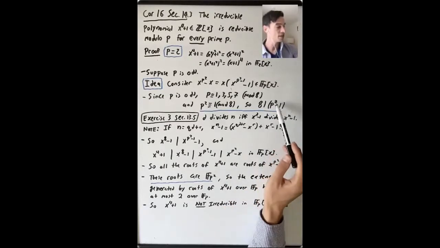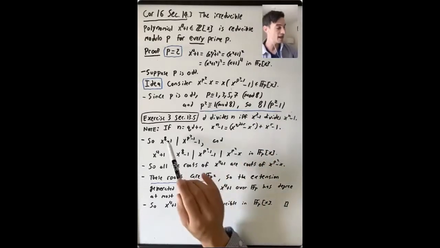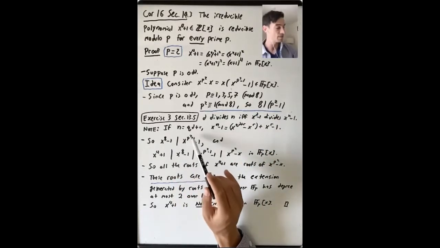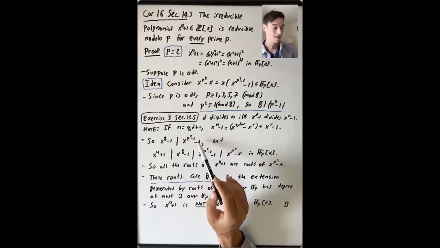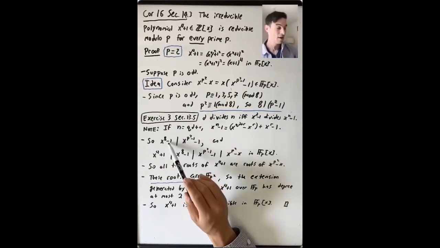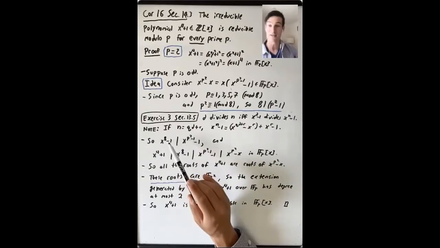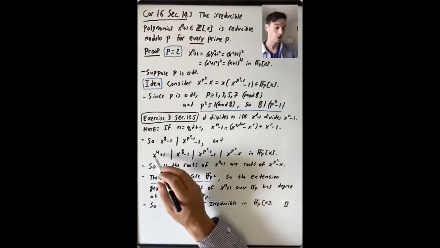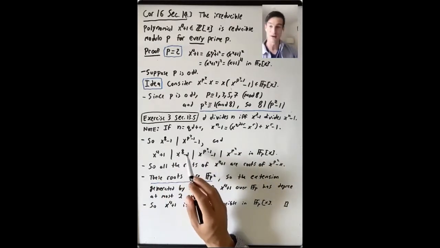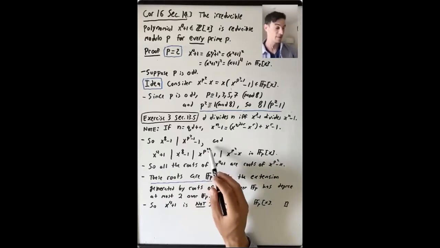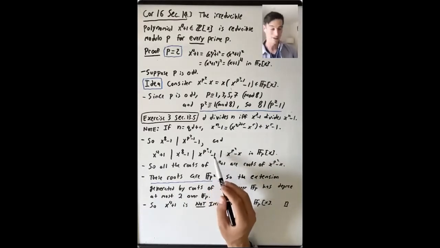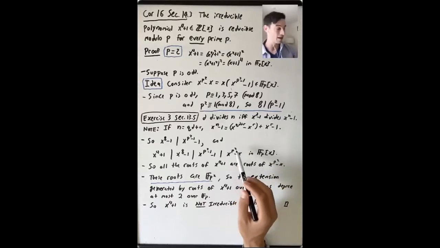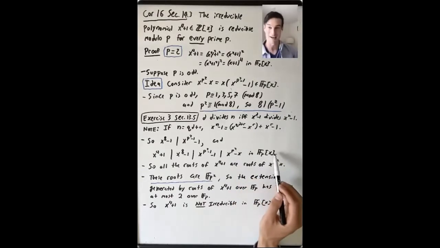What does this mean? 8 divides p^2 - 1, so x^8 - 1 divides x^(p^2 - 1) - 1. Why is that relevant to what we're doing here? Well, we know how x^8 - 1 factors. This is a difference of two squares: x^4 - 1 times x^4 + 1. So the polynomial that we care about, x^4 + 1, divides x^8 - 1, which divides x^(p^2 - 1) - 1, which divides x^(p^2) - x in F_p[x].